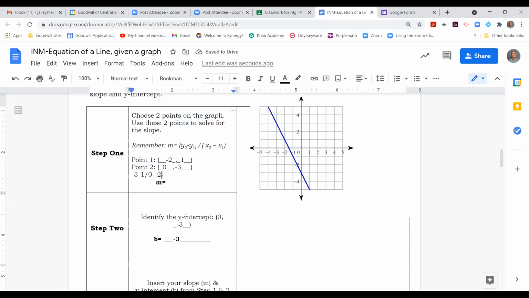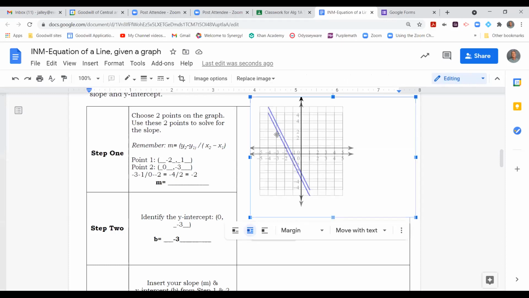Okay, so that's -4 over 2, which equals -2. Now that's a lot of extra work to come up with something that I could have seen right here on the graph.